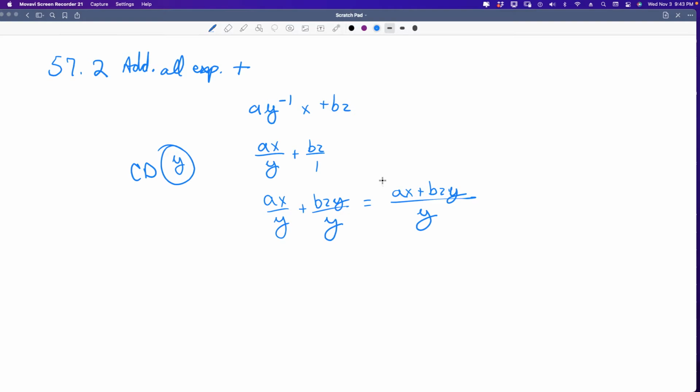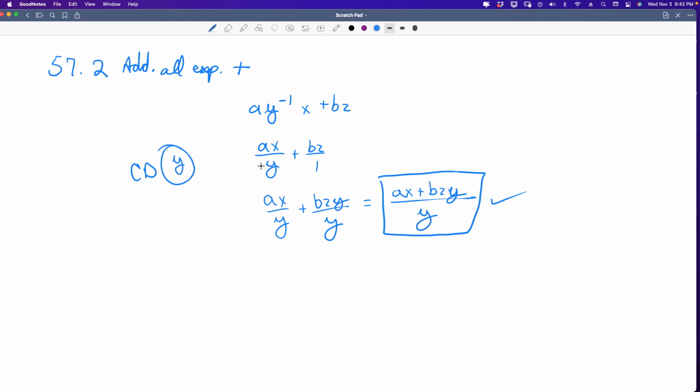If you got ax plus bzy over y, that's the correct answer. So what I did was I brought the y down to the denominator to make it a positive 1 exponent. And I put bz over 1 to make it a fraction. And then because y is really the only unique variable here, y is the common denominator.